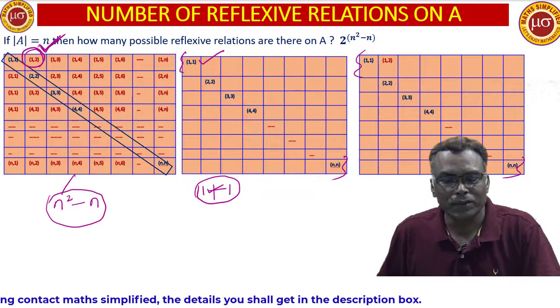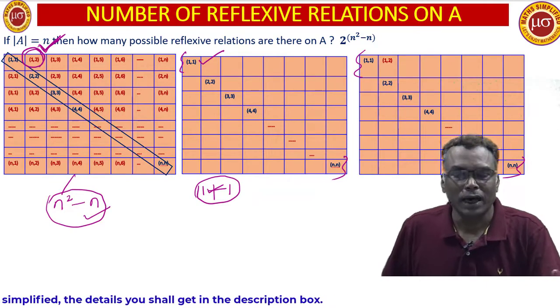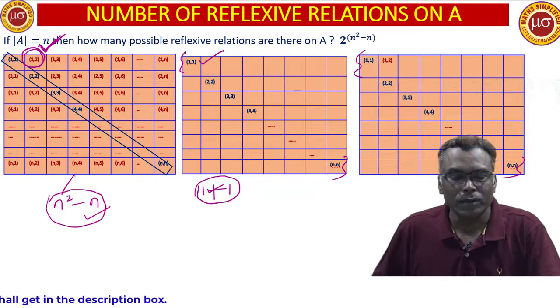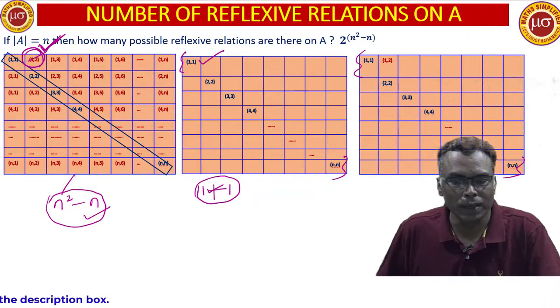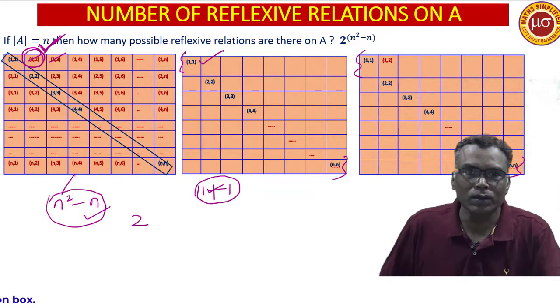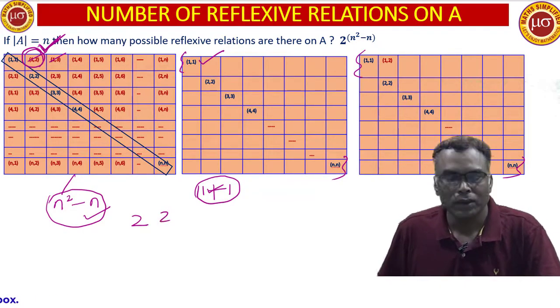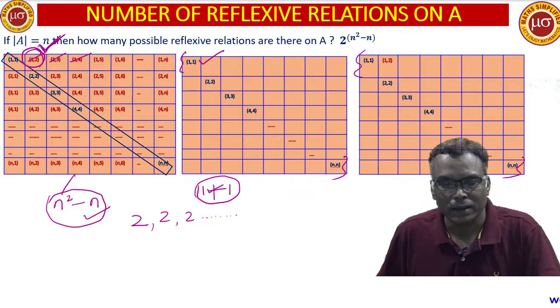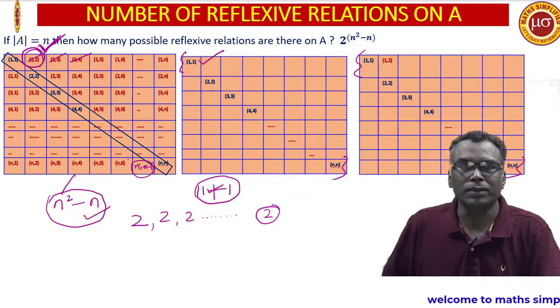Therefore, for n square minus n elements, how many reflexive relations shall I get? For (1,2), I may include, I may exclude, I get 2 reflexive relations. For (1,3), I may include, I may exclude, I will get another 2. For (1,4), I shall get another 2. Like this, for the last element, I will get another 2 reflexive relations.